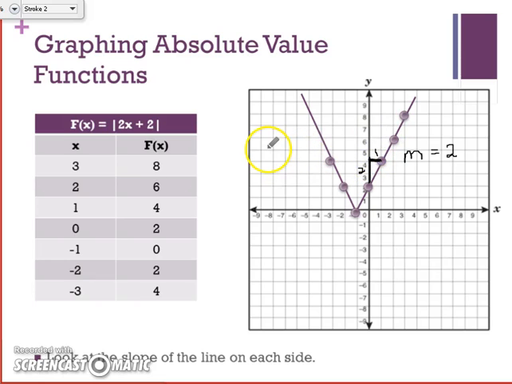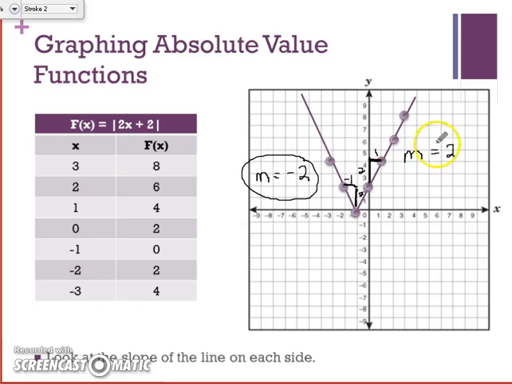If I look at the other side of our graph, we have a rise of 2, so it's still a positive 2, but we're going to the left, so it's a negative 1. So the slope on this side is 2 over negative 1, or a slope of negative 2.